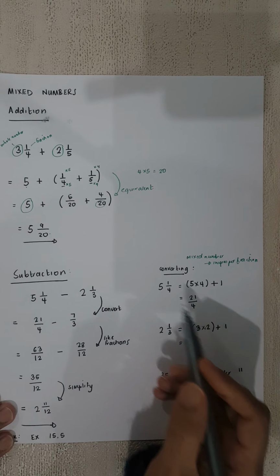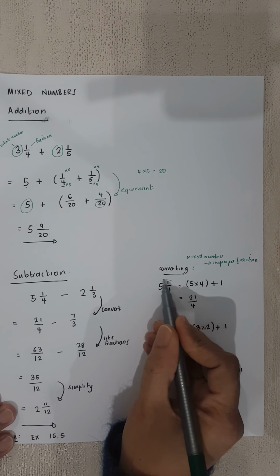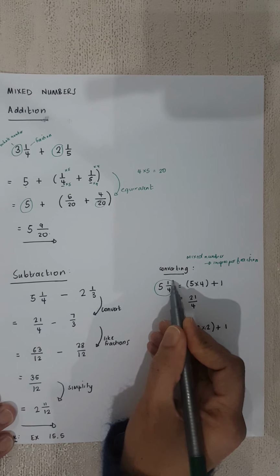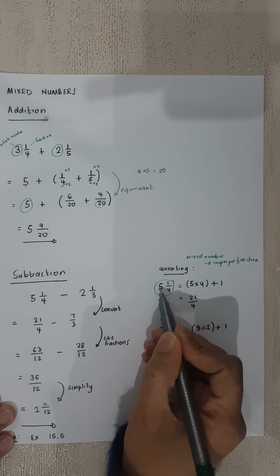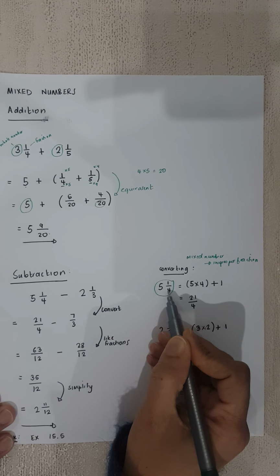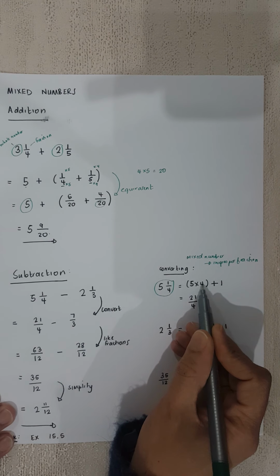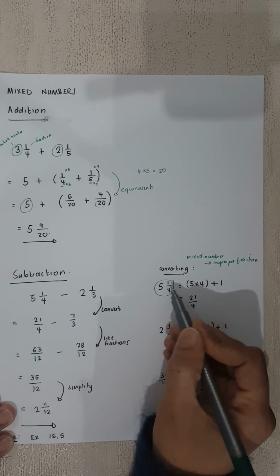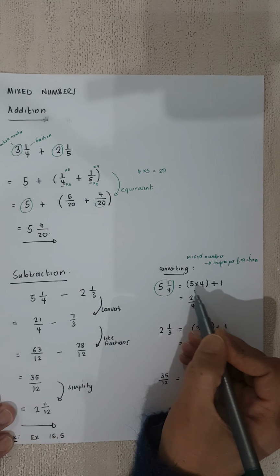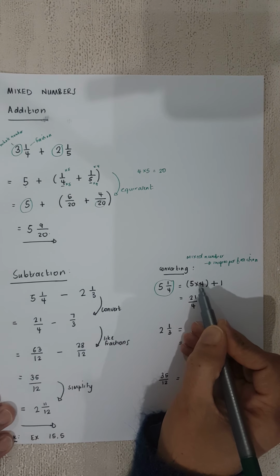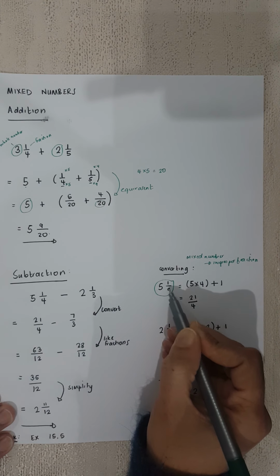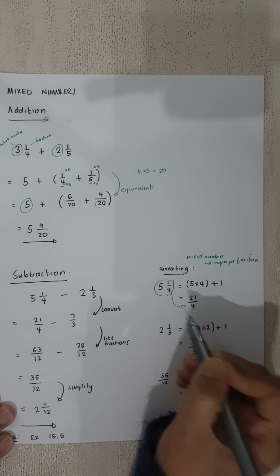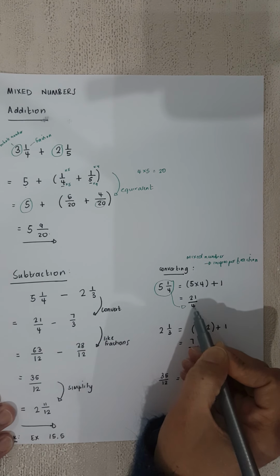So here's my mixed number, and I want to convert it to an improper fraction. I'm going to say 4 times the 5, or 5 times 4 here, plus the 1 there on the top, the numerator. So 5 times 4 is 20, plus 1 gives me 21. And I'm going to carry my bottom denominator here, and this becomes 21 over 4.